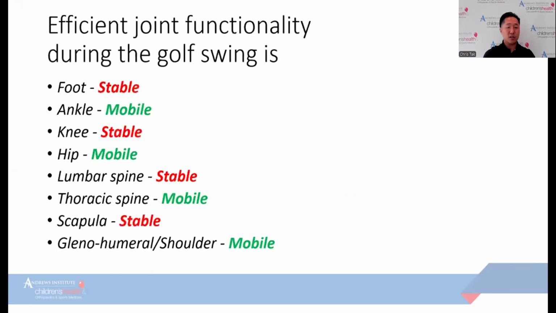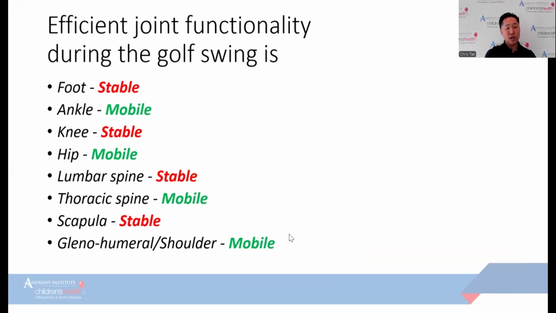And then we'll go a little bit more into the joint functionality of the golf swing. This is a quote from Greg Cook. He's a physical therapist. He said, during a golf swing, the body works in alternating patterns of stable segments connected by mobile joints. So if you can see here, you want the foot to be stable, and then your ankles to be mobile, and then your knee stable, your hips mobile, lumbar spine stable, thoracic spine mobile, scapular stable, however, glenohumeral and shoulder is mobile.